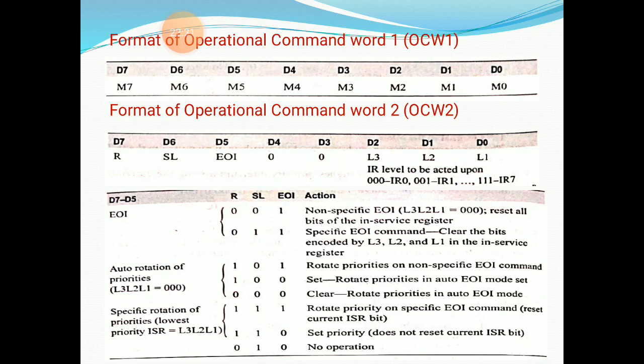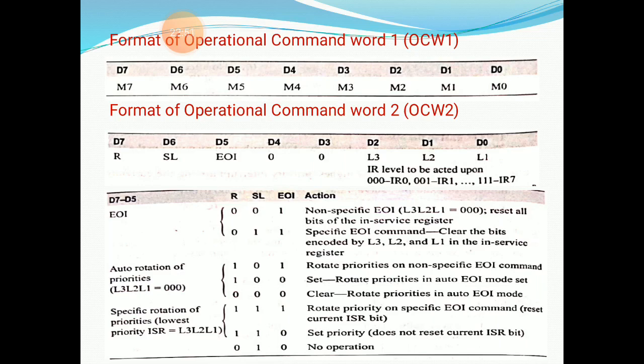Next, let us see the format of operational command word 2. This command word 2 consists of 8 bits, D0 to D7. D0, D1, D2, these 3 bits belong to L1, L2, L3. That is the interrupt request level to be acted upon.